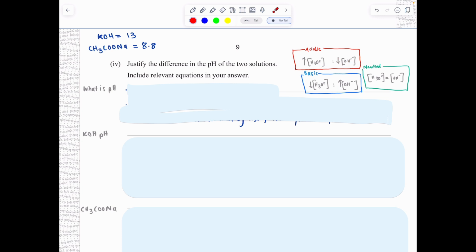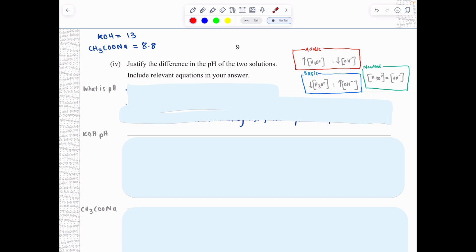In a basic solution, the proportion of H3O plus ions is going to be lower than the hydroxide ions over here. So in a basic solution, you're going to have more OH minus and less H3O plus. In a neutral solution, you're going to get equal concentrations of these two ions, and that's what equals the Kw.